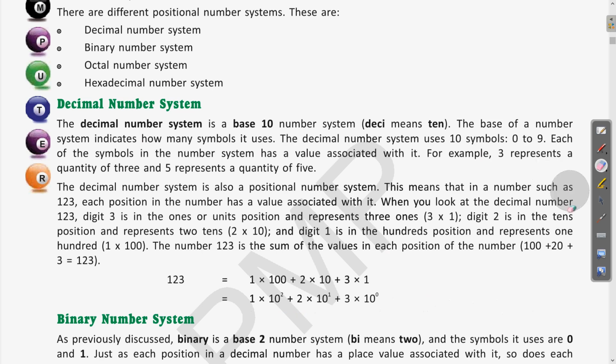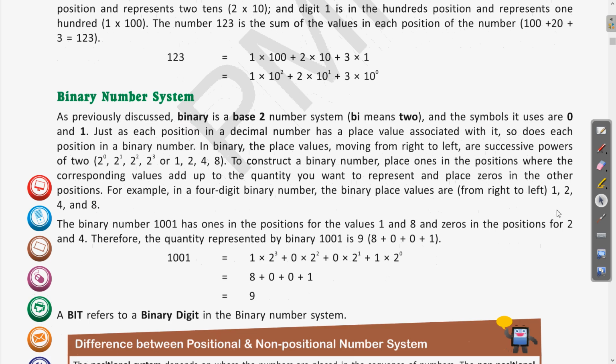Okay, now move to the binary number system. In the binary number system we have seen that the base is 2, and only two symbols can be taken, that is 0 and 1. Earlier in the decimal we were writing in terms of powers of 10, so here we will write in terms of powers of 2.